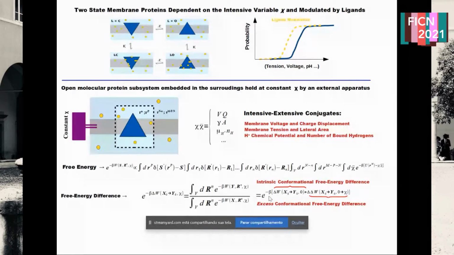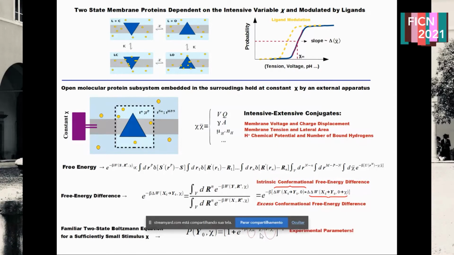From this expansion, we may finally write down the probability of the protein to be in a specific conformation Y, free of ligands and stimulated by chi, in the form of this familiar two-state Boltzmann equation, which is very popular among experimentalists because it may be quantified in terms of experimental parameters obtained directly from the response probability of the protein.